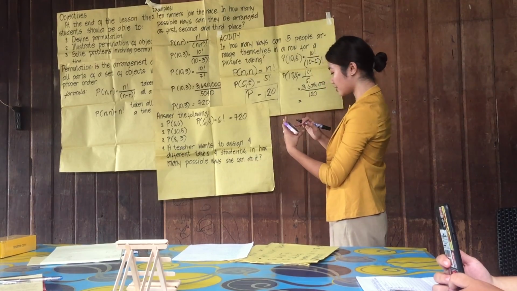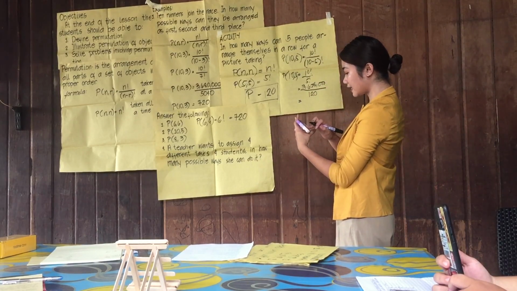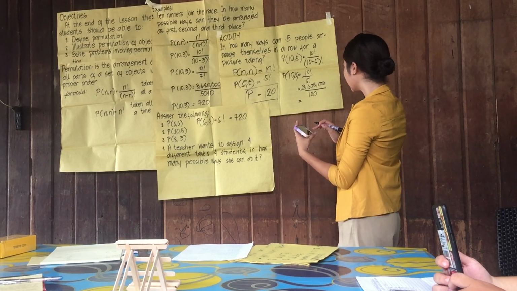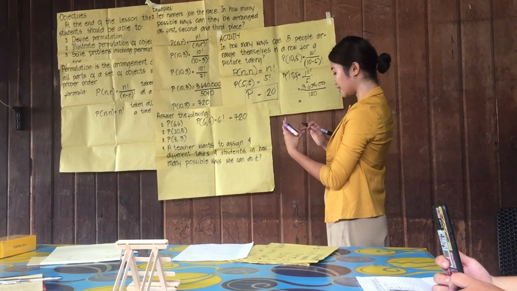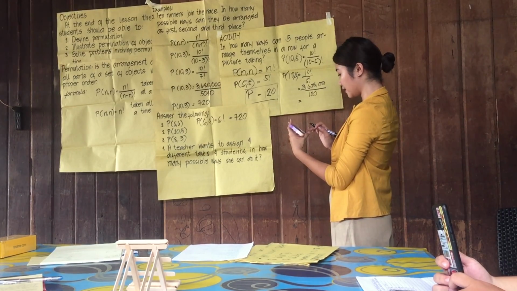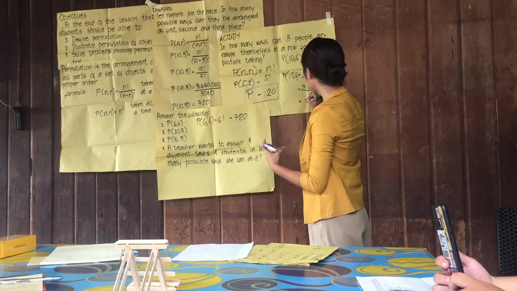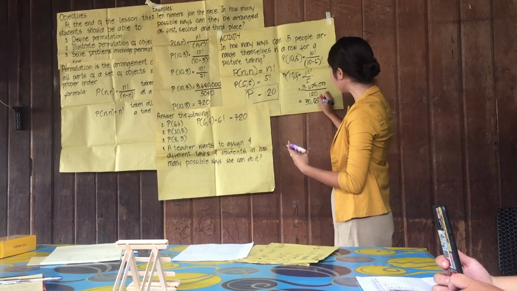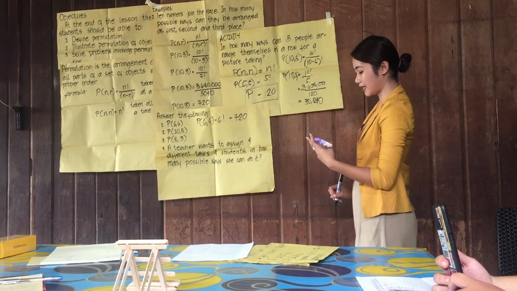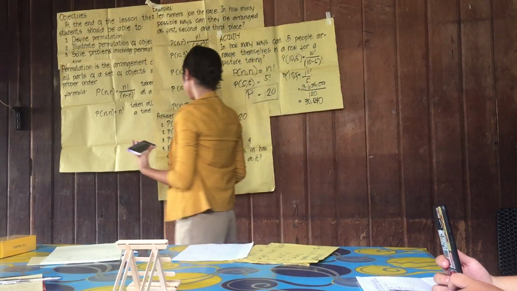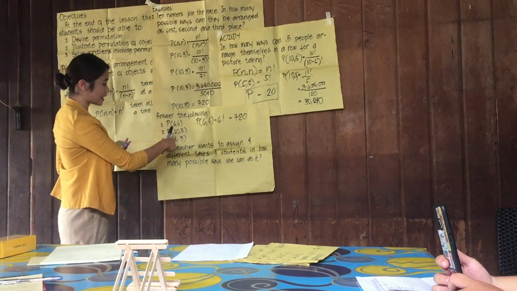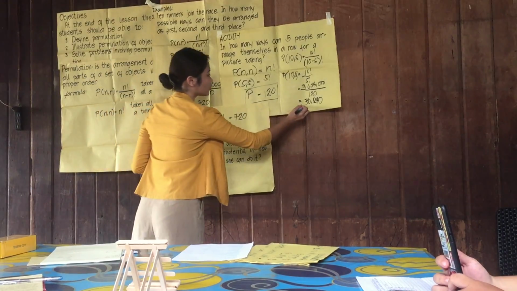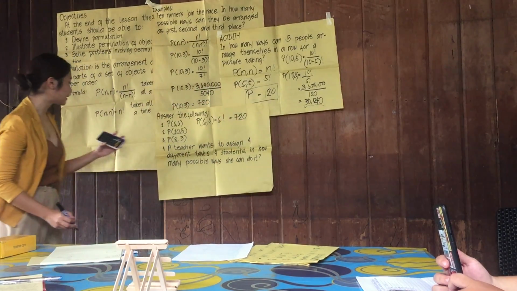Okay, what is the answer? 10 factorial divided by 5 factorial, or 120, is equal to 30,240. Okay, did you get it? Yes, ma'am. Okay, very good. That is the answer number 2. Okay, number 3.